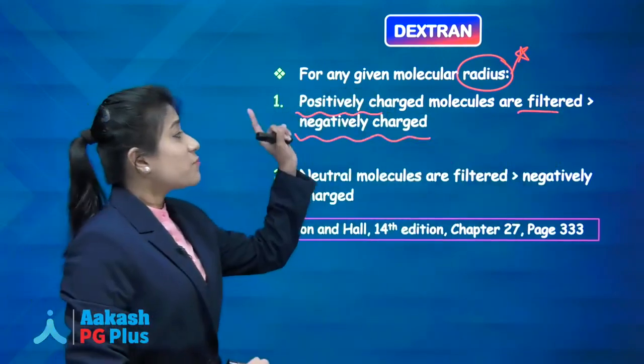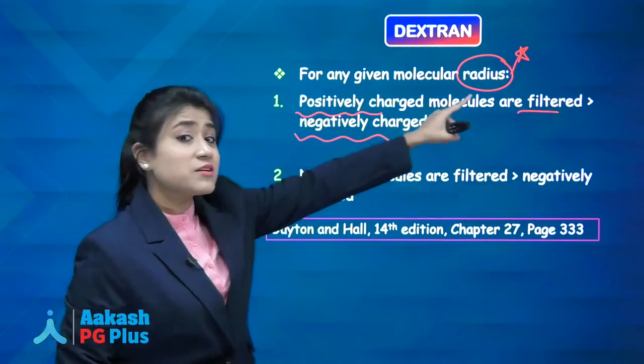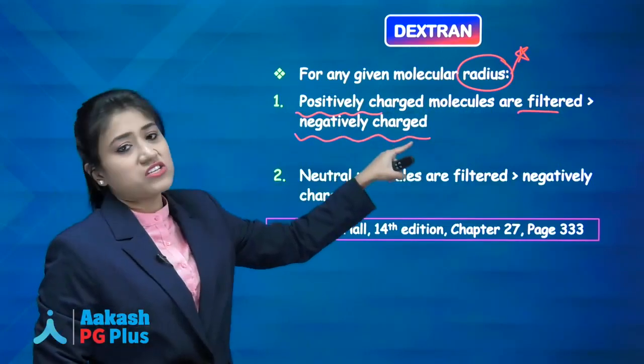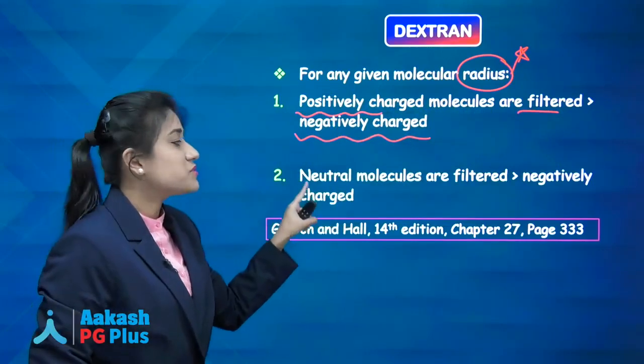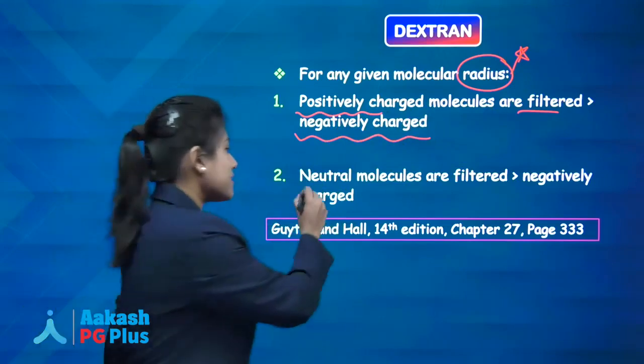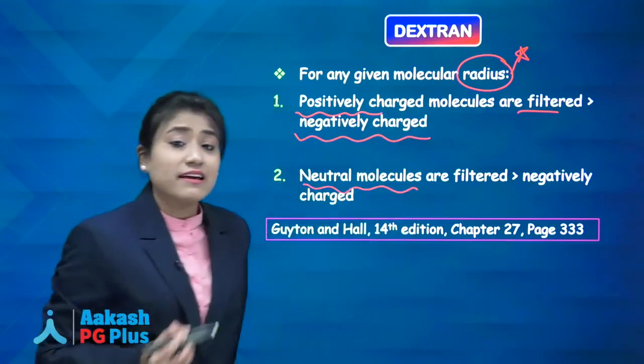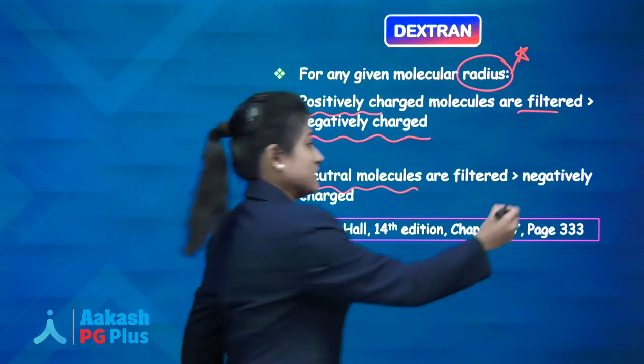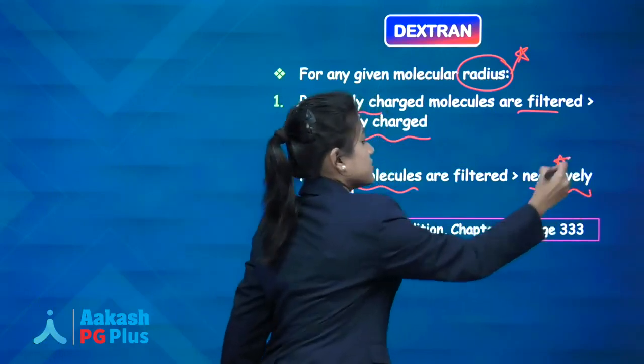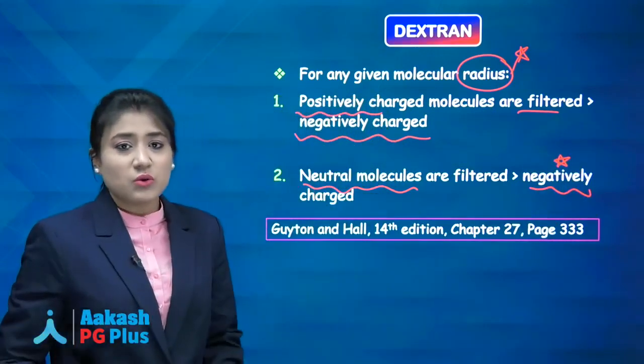Write it down. While if you see the neutral molecules, then write it down that neutral molecules are filtered more than the negatively charged molecules. Got it?